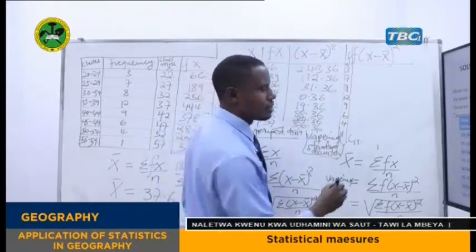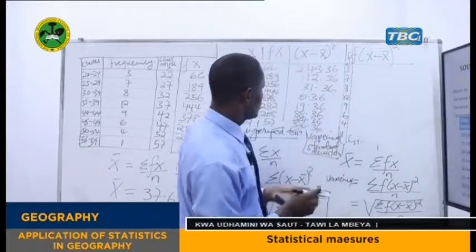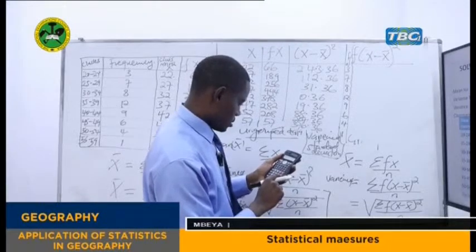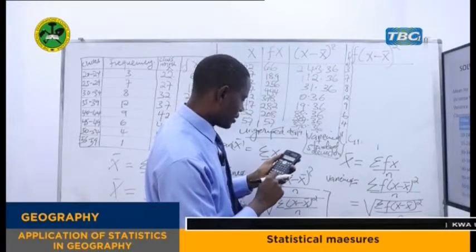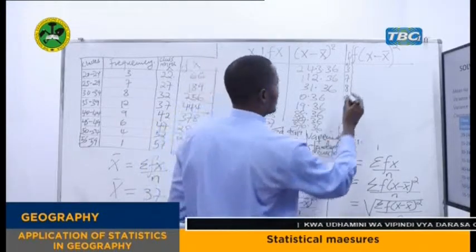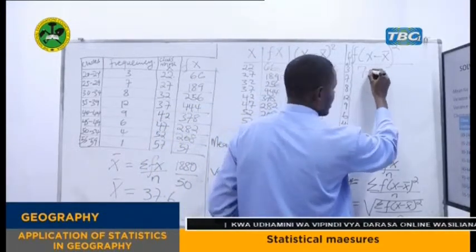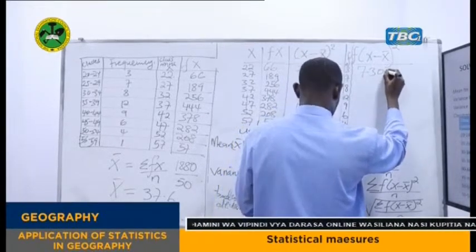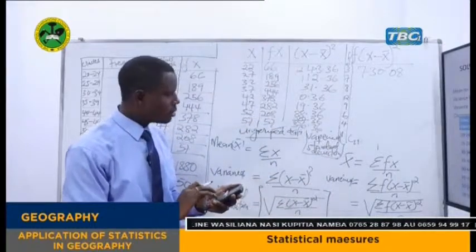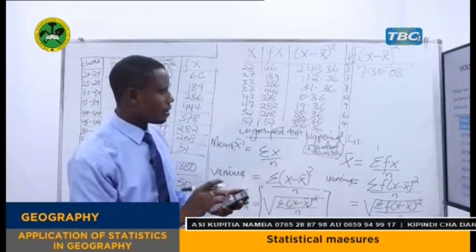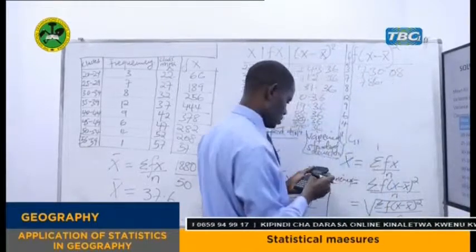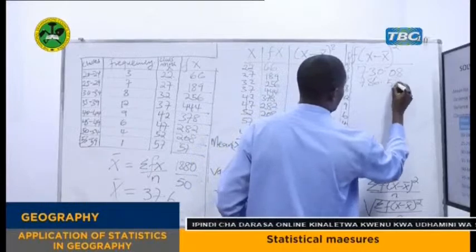So for the first part we take 243.36 times 3, then you come up with 730.08. The next one, take the frequency and this one, and then you come up with 786.52.